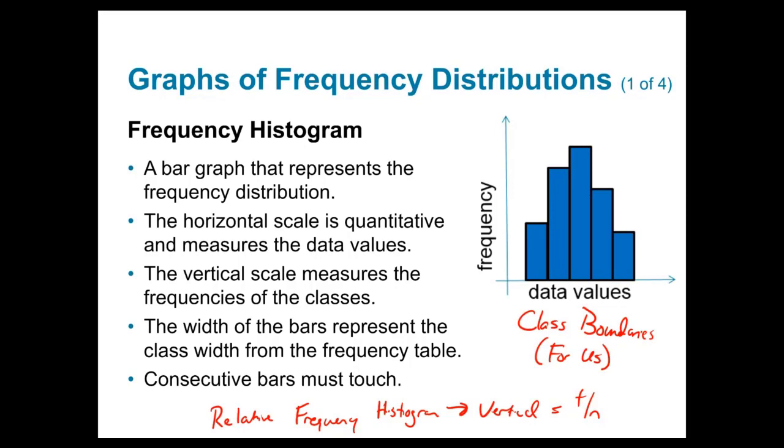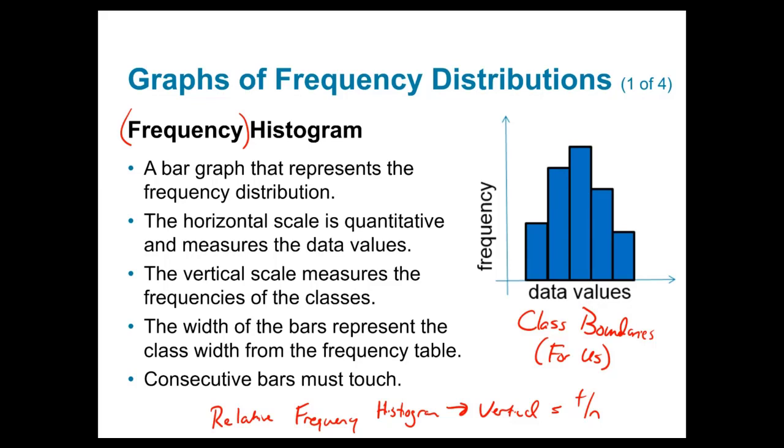Otherwise, they're the exact same. Now, if I just say histogram, assume I say frequency histogram. By default, it's typically going to be just the frequencies on the vertical axis. If I want a relative frequency histogram, I will specifically flat out say, give me a relative frequency histogram.